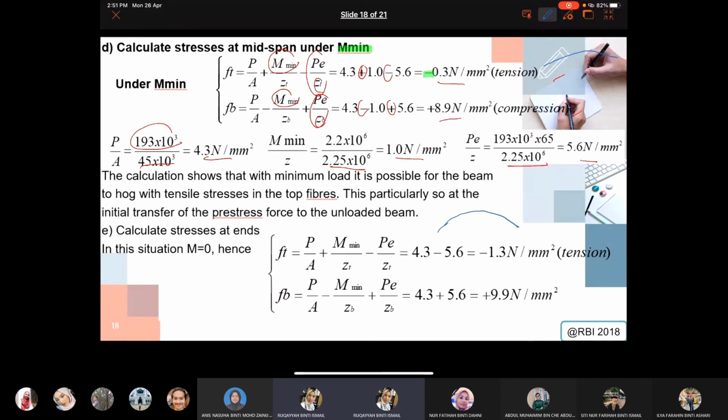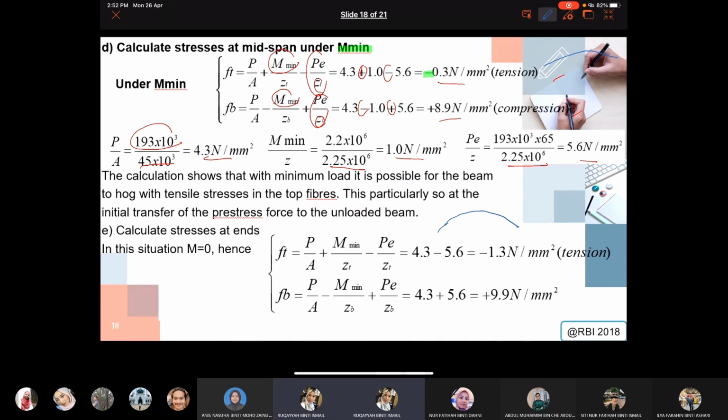So the behavior of the beam, because of moment minimum, means that the beam carries its own self weight. So it doesn't have any UDL or imposed load on top of the beam yet. So basically, what will happen when you pull the tendon?